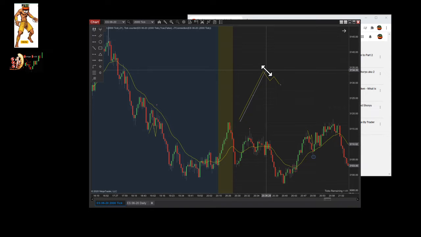This gives you direction, and after that there is something we call the opposing short-term trend line. Let's say your short-term trend line is going upwards.